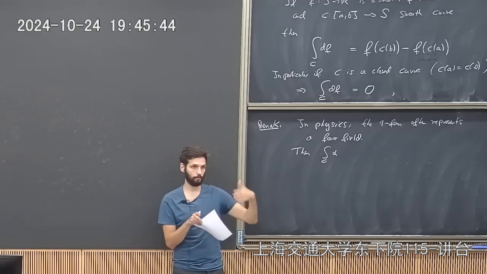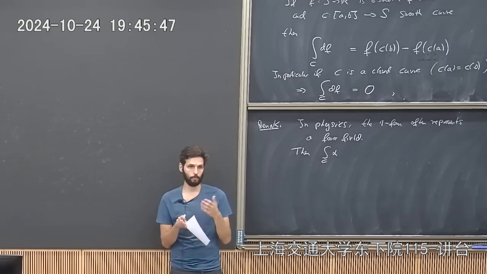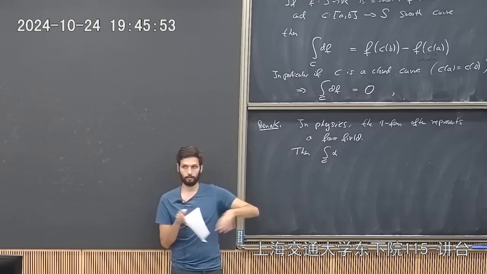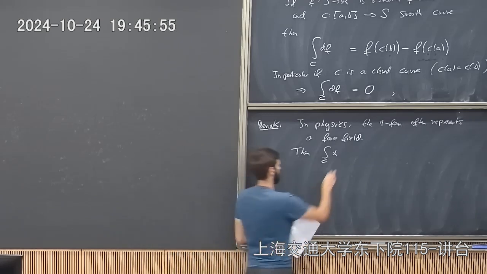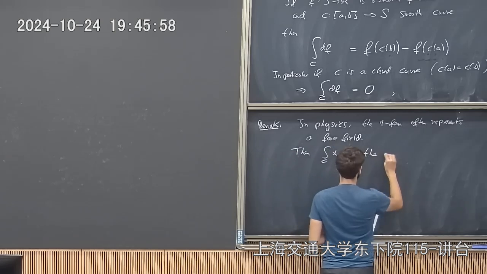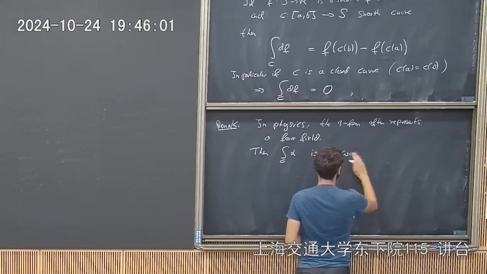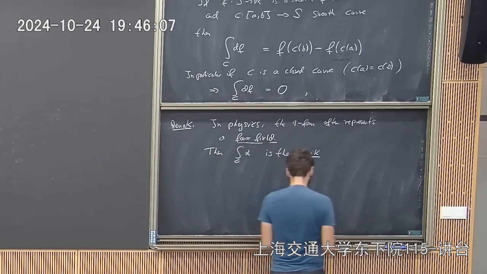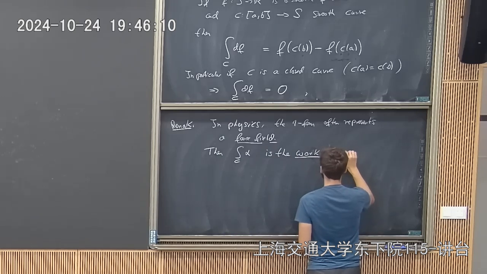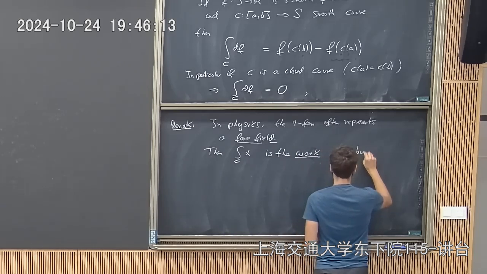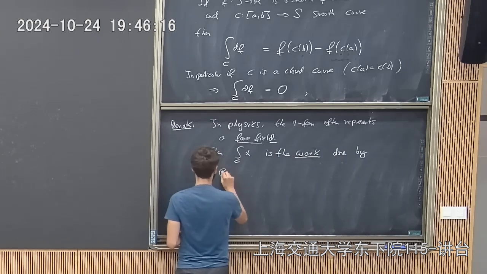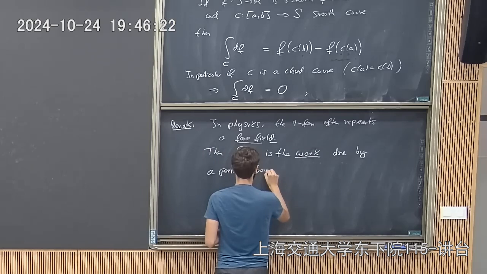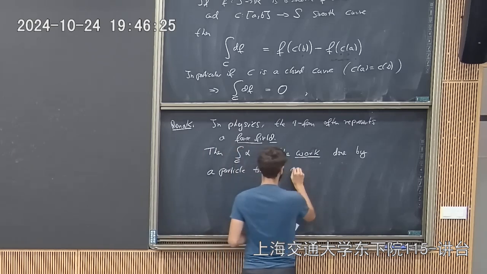So this is the work that you do. It's the work that you perform if you move along this curve, how much work you have to push on the particle in order to bring it to the end point. A particle that travels along the curve C.